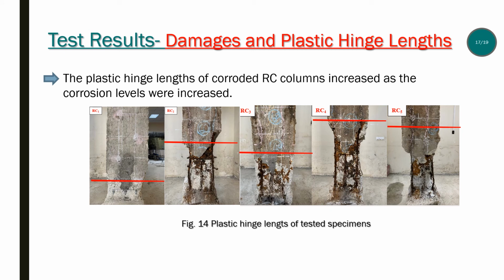As shown in the figures, the measured plastic hinge length increased compared to the uncorroded one with the effect of reinforcement corrosion. Buckling of longitudinal bars was observed due to the degradation in confinement effect caused by high corrosion levels.